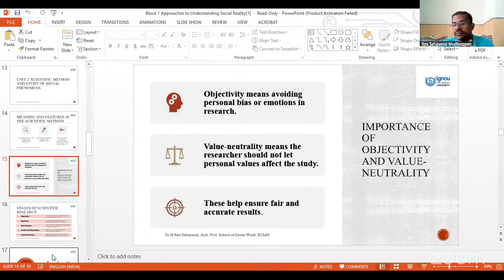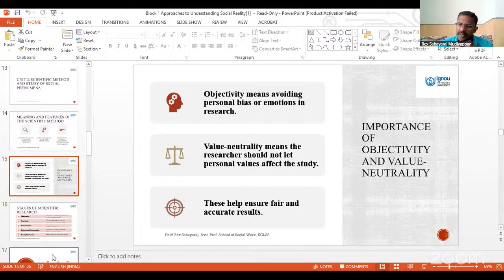You may have a good personal value as a researcher or as a person, that I should not lie, and I should not get angry. But if the respondent of your research gets angry, you should not impose your personal values, or tell them that if a person gets angry, he is not a good person. That is maybe your personal value. So you should not impose that on the respondent.